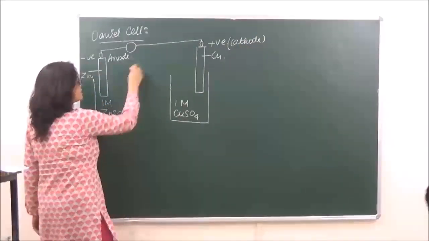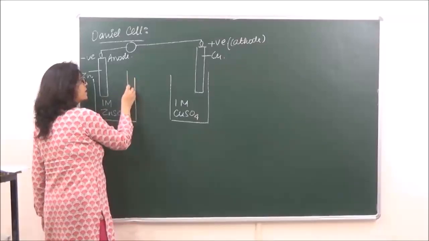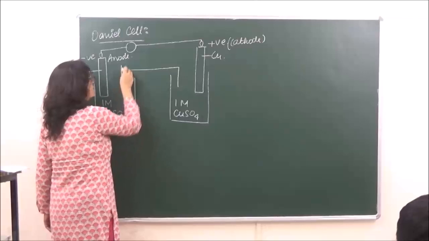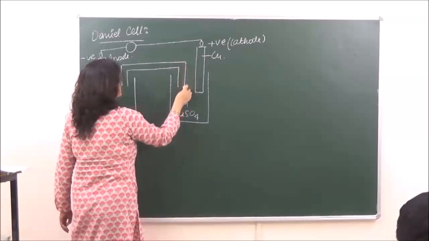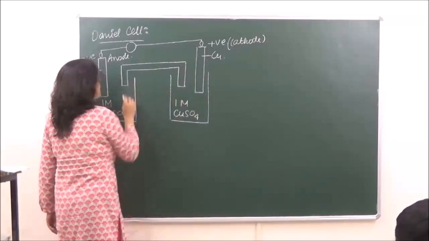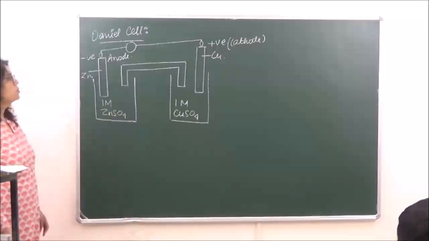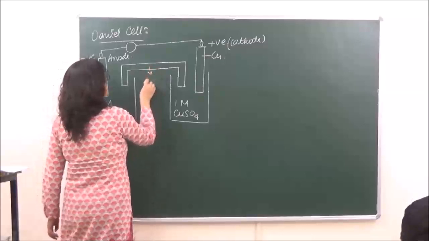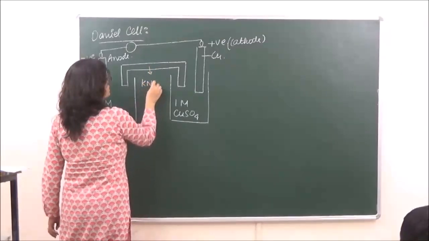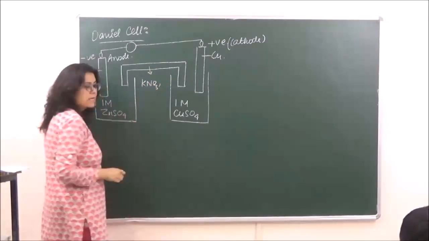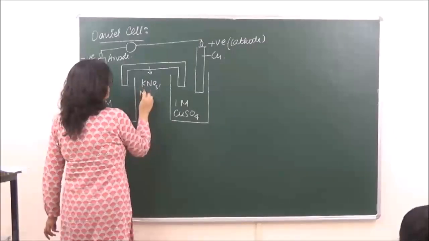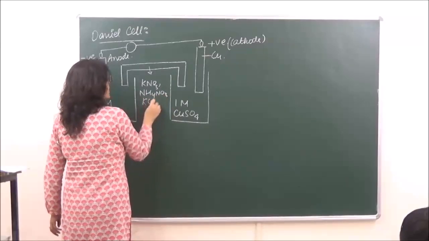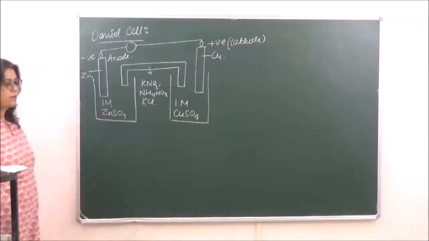The internal circuit is connected by an inverted U-tube known as the salt bridge. This salt bridge consists of certain specific electrolytes, like we can take KNO3, NH4NO3, KCl and so on.